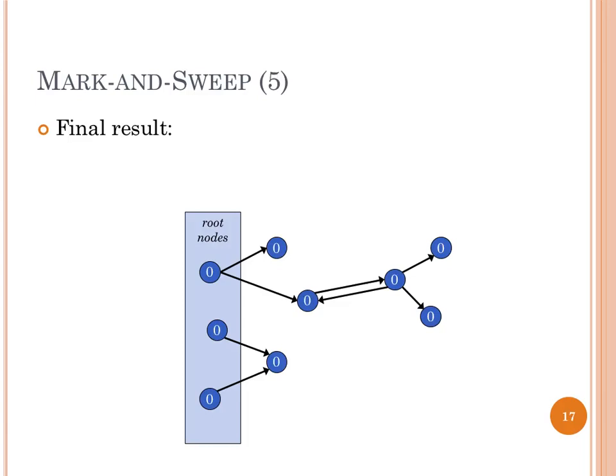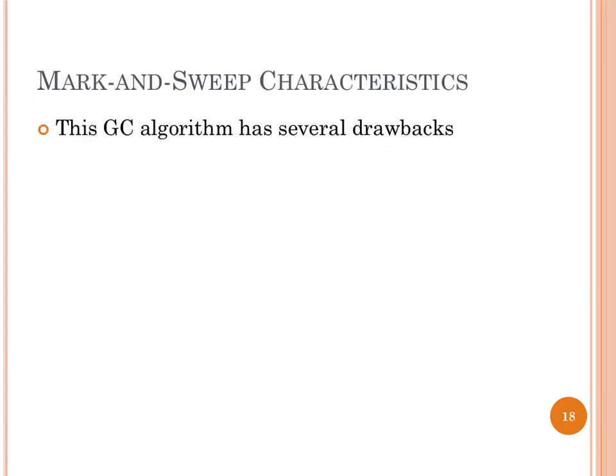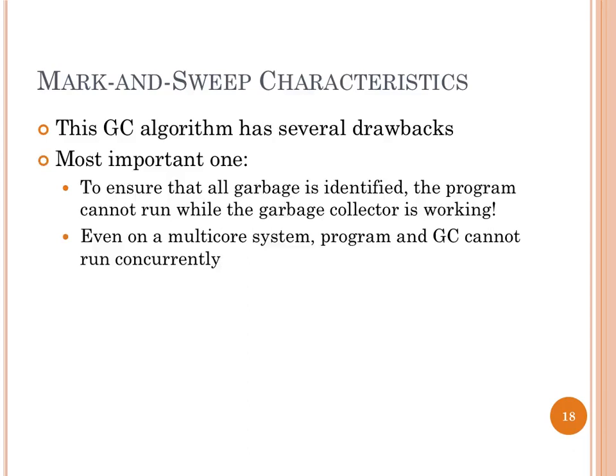Yay, precise. Now, there are some issues with this garbage collection algorithm. As with all algorithms, there may be some strengths and weaknesses involved. It turns out that with mark and sweep, you have to stop everything else from happening while the algorithm runs so that you can actually identify all the garbage.